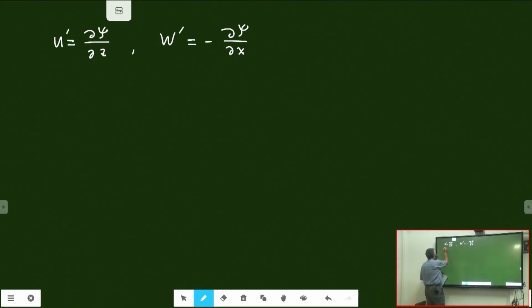So if we decided that U prime and all other prime quantities are written in a separable form, we will write that psi is also equal to something which we call psi hat, so let's use hat here as well.